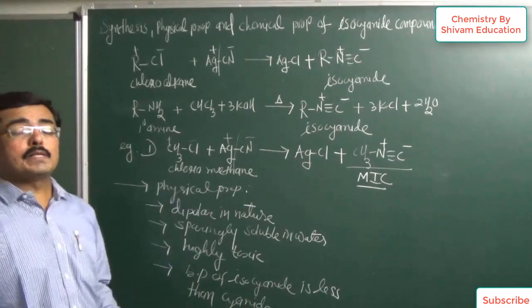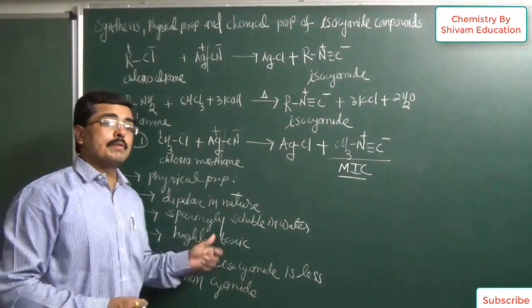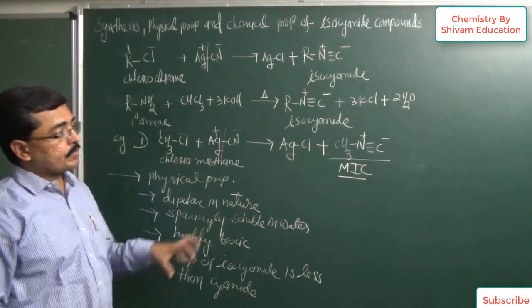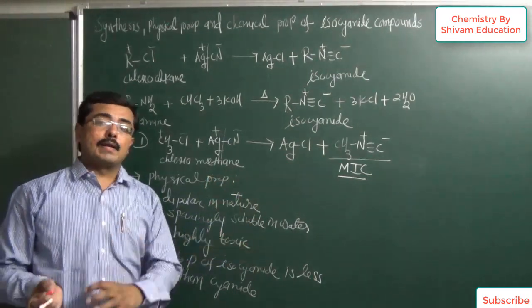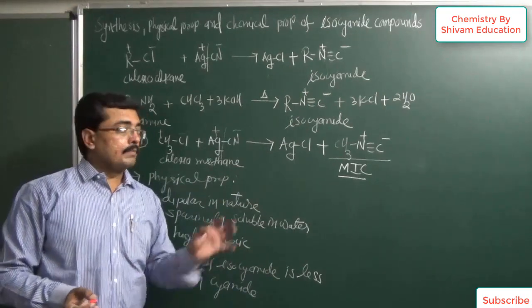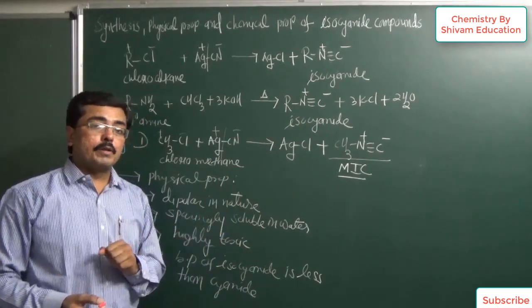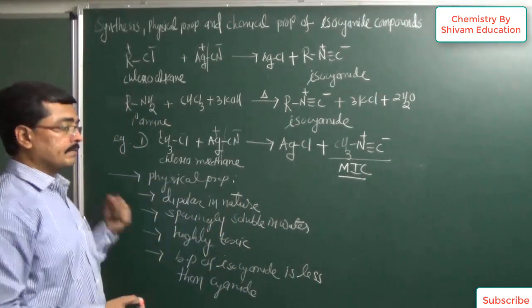The meaning of corresponding cyanide compound, they are having the same number of carbon atom. So suppose 2 carbon containing acetonitrile and 2 carbon containing methyl isocyanide, when compared, then methyl isocyanide melting point and boiling point are comparatively less.